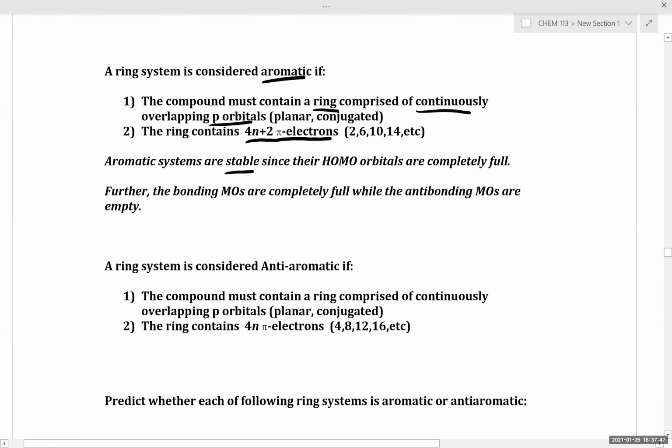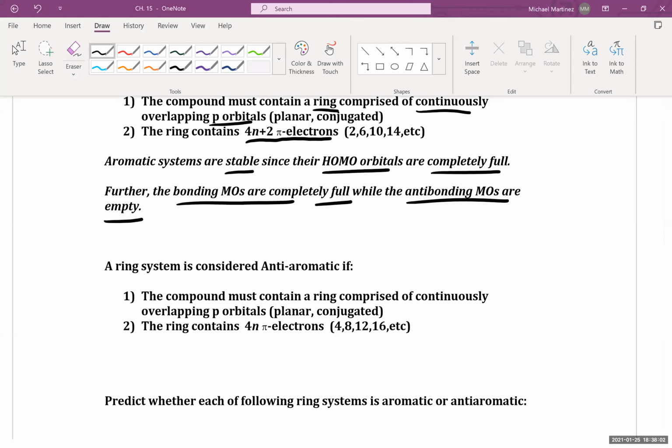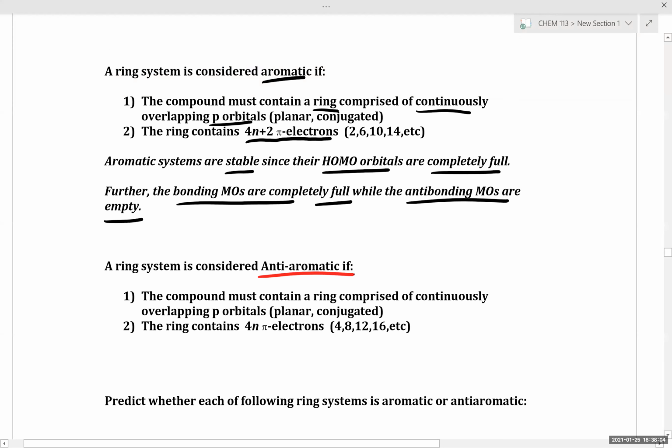Aromatic systems are stable since their bonding molecular orbitals are completely full, while the antibonding molecular orbitals are empty. Conversely, a ring system is considered anti-aromatic if the compound contains a ring comprised of continuously overlapping p orbitals, and the ring contains 4n pi electrons.